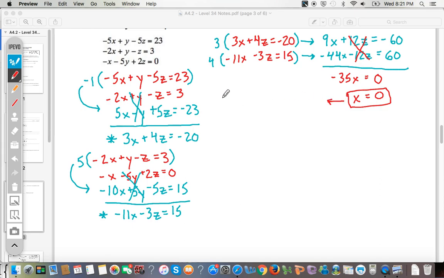I have negative 11, instead of x I'm putting 0, minus 3z equals 15. Well, negative 11 times 0 is 0, so I'm left with negative 3z equals 15. Of course, I divide by negative 3 on both sides. I get z equals negative 5.